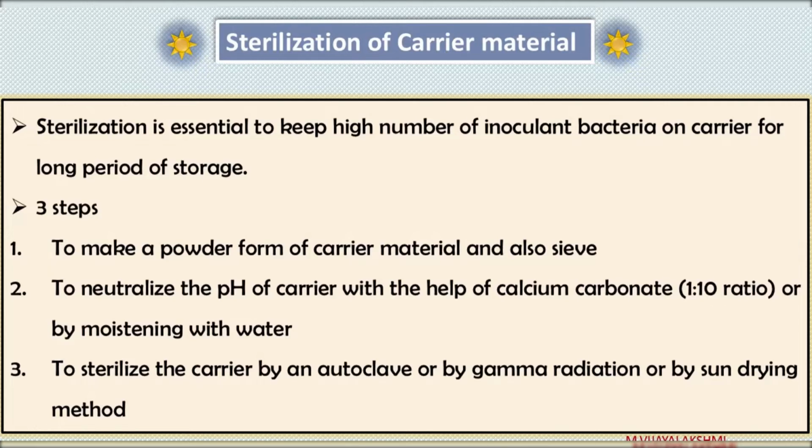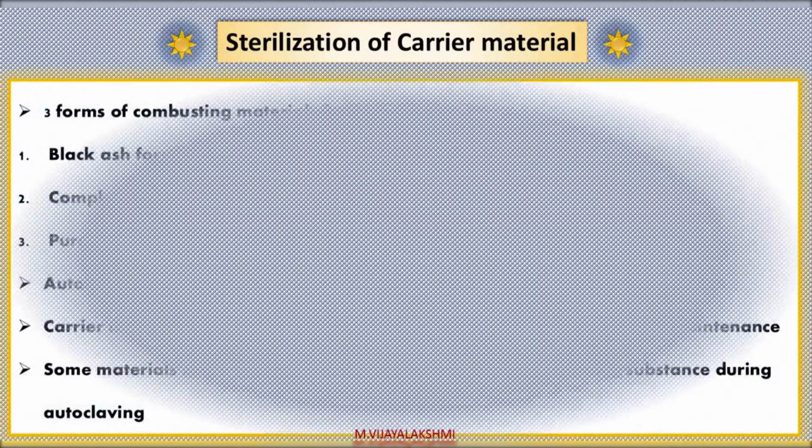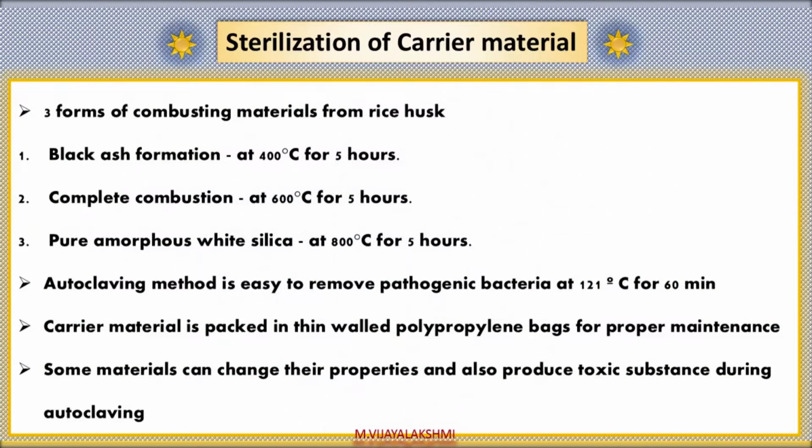In the previous slide, we discussed the sterilization methods. Now, we will see the step-by-step method of final product recovery. In a burning process, we can get 3 forms of composting materials.